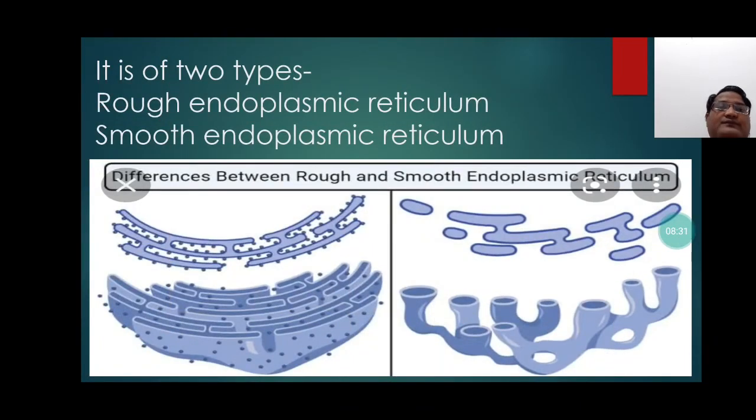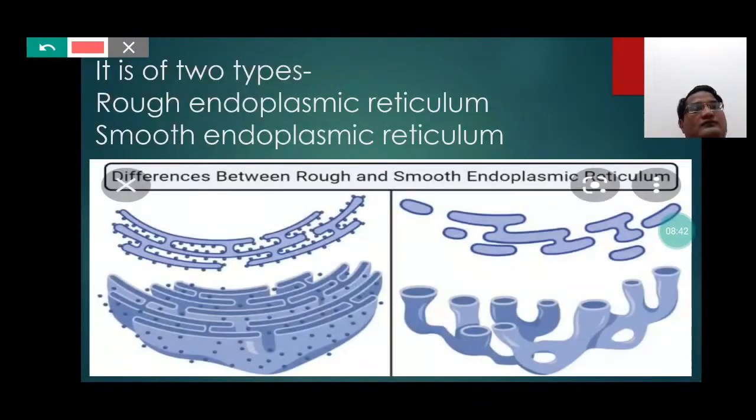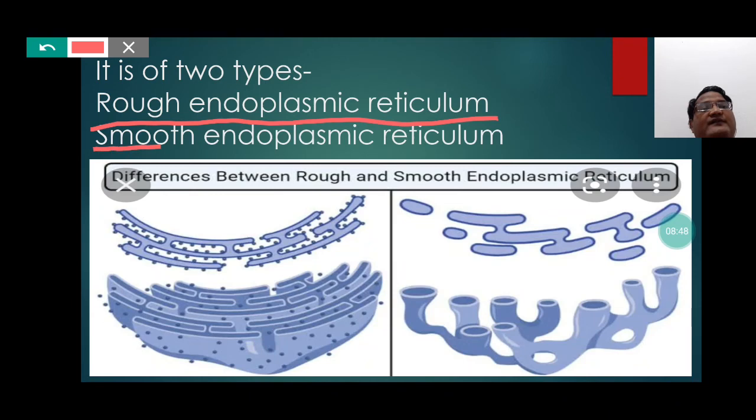It is of two types: rough endoplasmic reticulum and smooth endoplasmic reticulum. So students, the two distinct types of endoplasmic reticulum are rough endoplasmic reticulum and smooth endoplasmic reticulum. Students, we can understand the concept of rough endoplasmic reticulum and smooth endoplasmic reticulum with the help of this picture. If you concentrate on this picture, then you can notice easily that this is the type of endoplasmic reticulum which is further associated with ribosomes.